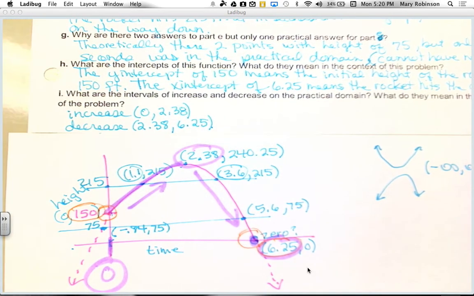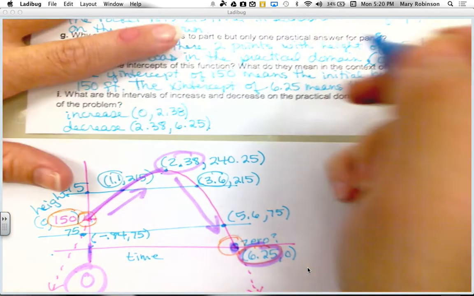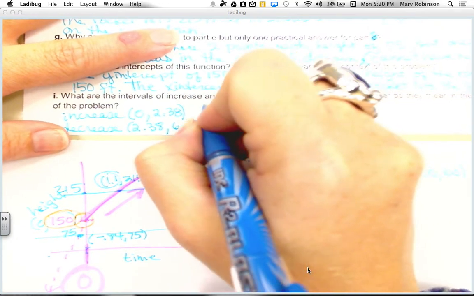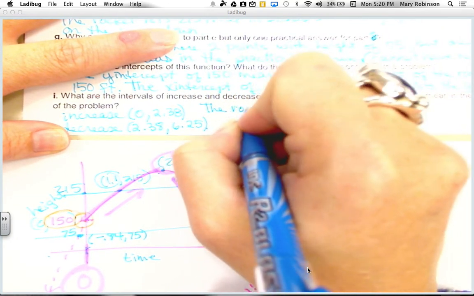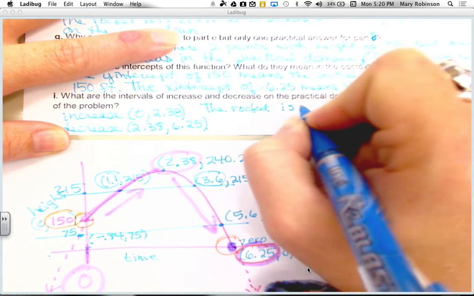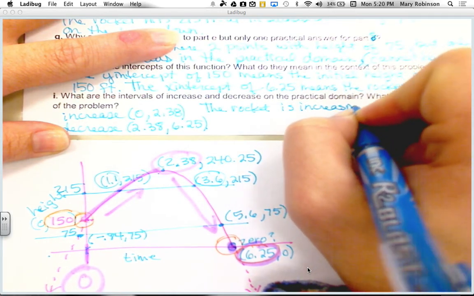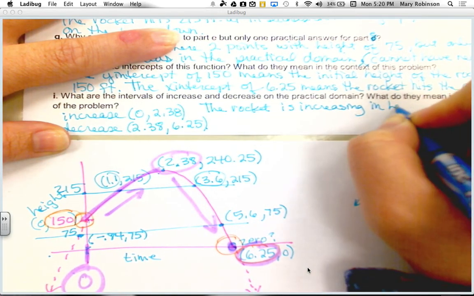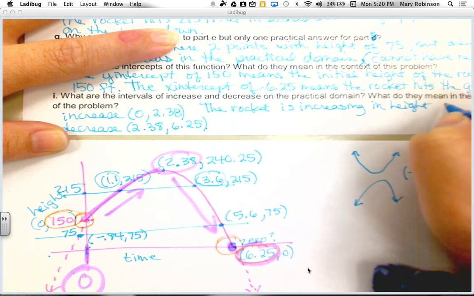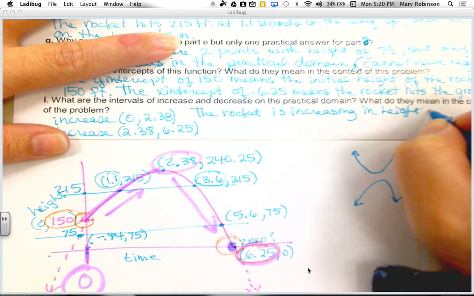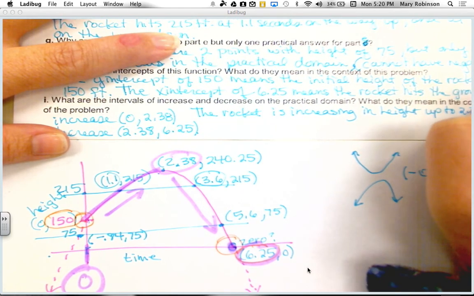Okay? So what do they mean in the context? Well, basically, it means the rocket is increasing in height up to 2.38 seconds.